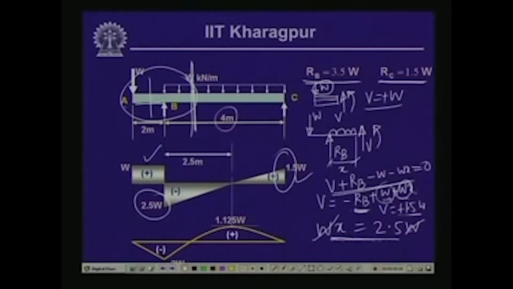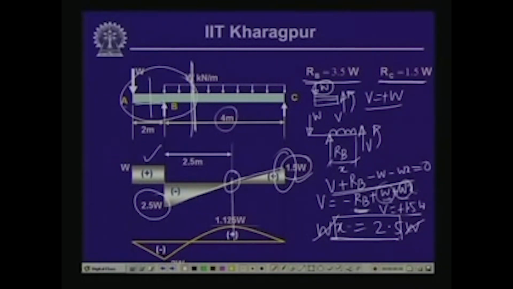So, X is equal to 2.5. So, it indicates that at a distance of X equal to 2.5, the shear force is 0. So, it changes sign from negative to positive, and here the value is 1.5 W. And as we know, where the shear force is 0, at the corresponding point we will get a maximum value of the bending moment.